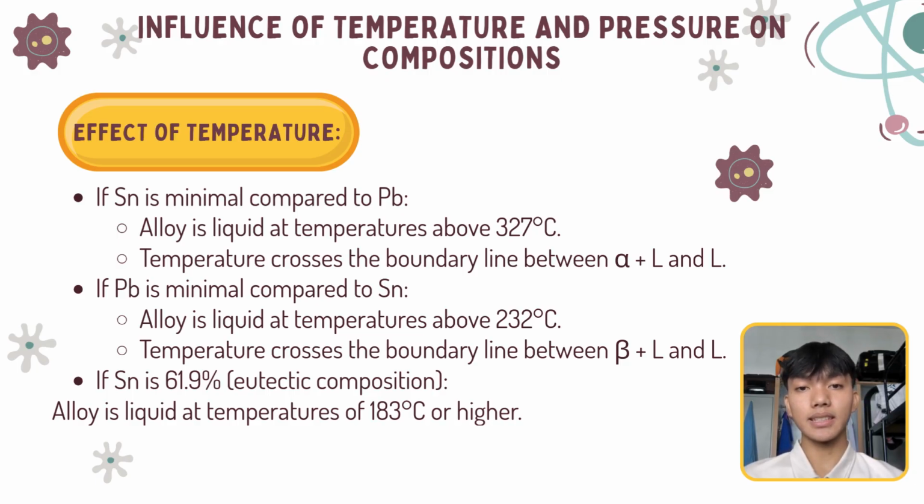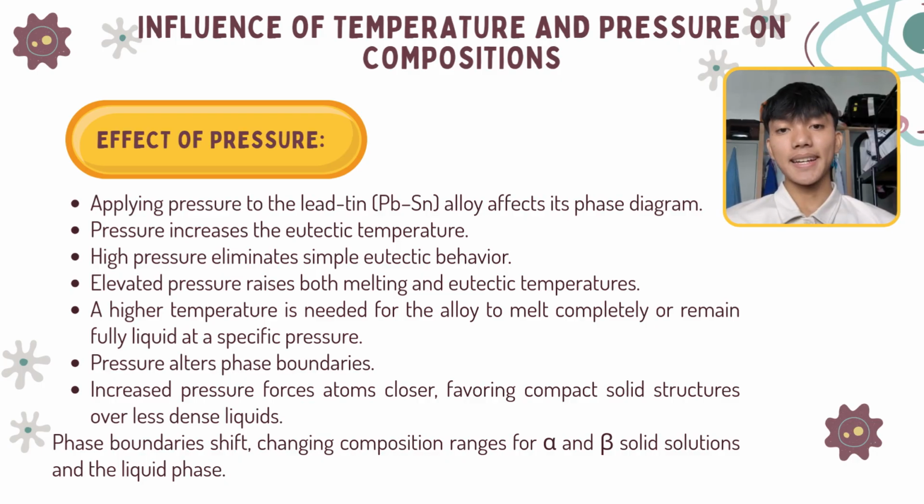As temperature increases or decreases across these phase boundaries in the phase diagram, the alloy experiences transitions between solid, liquid, and two-phase regions, which directly influence its solidification behavior, microstructure formation, and suitability for applications such as soldering. Under normal soldering conditions, which are typically close to atmospheric pressure, the effect of pressure on the Pb-Sn alloy system is negligible and does not significantly influence phase transformation or melting behavior.